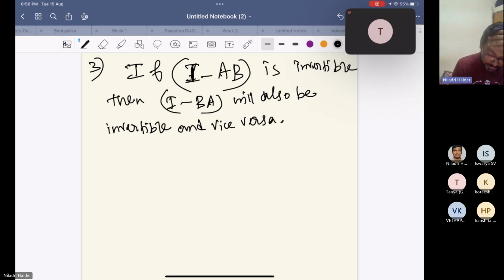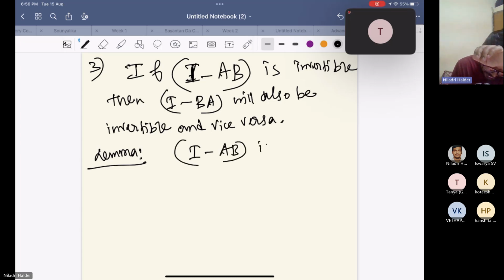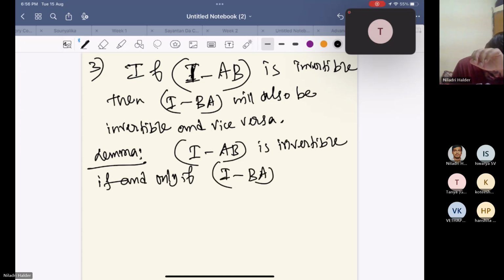So we can say one lemma: I minus AB is invertible if and only if I minus BA is invertible.